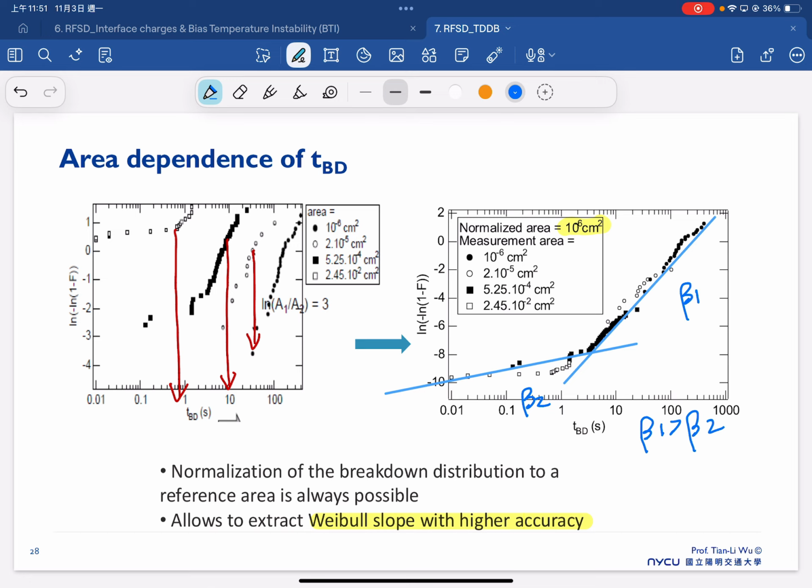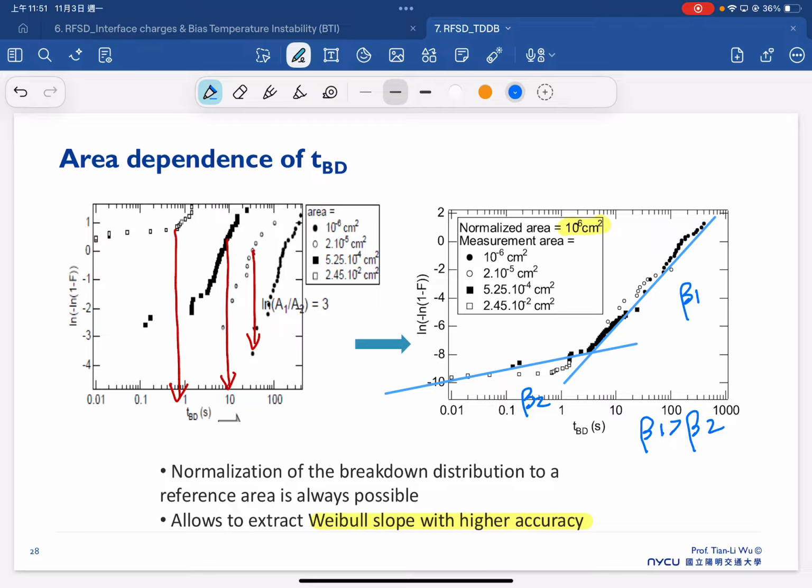That's a very important message for everyone, because once you do reliability testing, you have to pay attention to your area size. And if one day you become the customer and want to buy a product from a semiconductor company, and they give you certain reliability data, you also have to pay attention to the area, because a different area might in the end cause a completely different result due to a different mechanism.